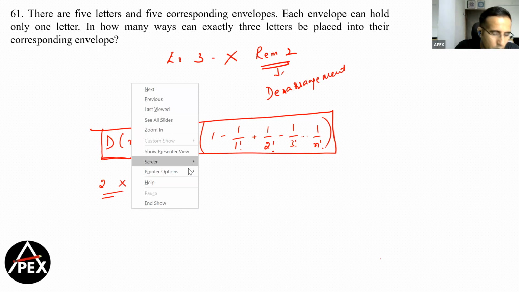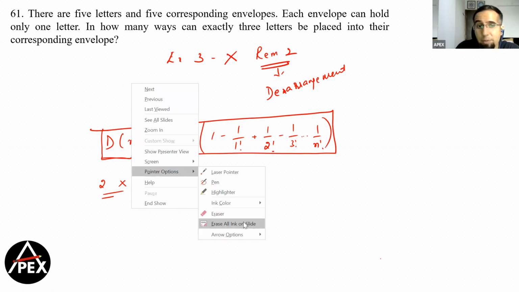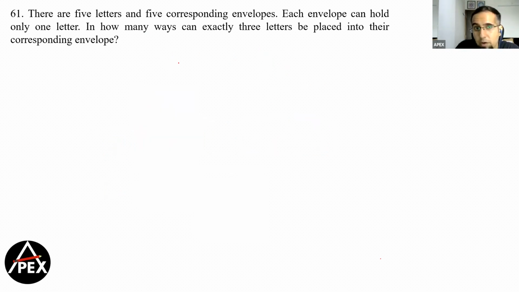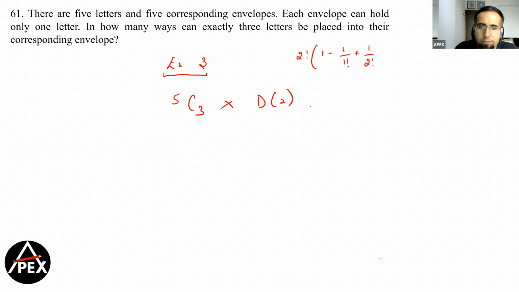It says the remaining 2 definitely should not be in the right envelopes. So first things first, which 3 out of 5 will be 5C3, into 2 should not be in the correct ones, derangement of 2 articles. So what is derangement of 2 articles? That is 2 factorial into 1 minus 1 by 1 factorial plus 1 by 2 factorial.